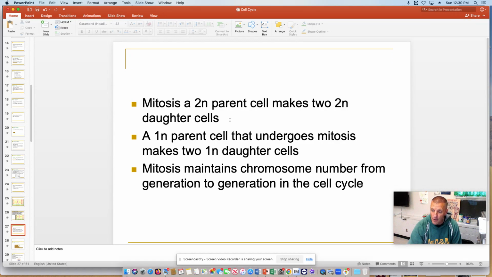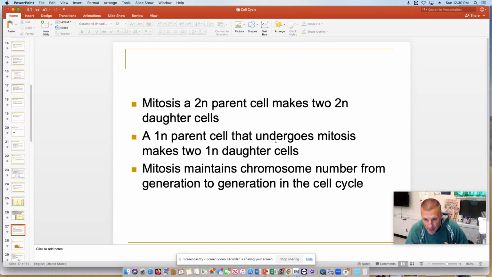So if you get a little scratch on your skin and your body's making new skin cells, the old one had 46 chromosomes, and the new ones are going to have 46 chromosomes. And that's true of all your cells with the exception of sperm and egg. Those are the only ones that aren't 2N to 2N.